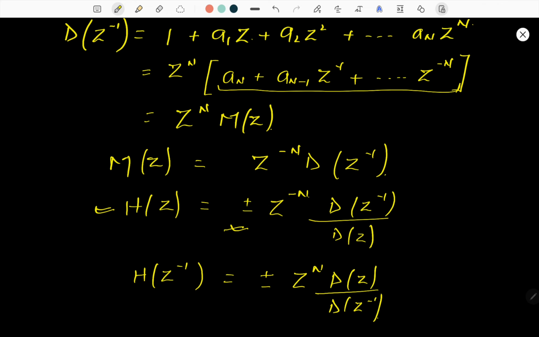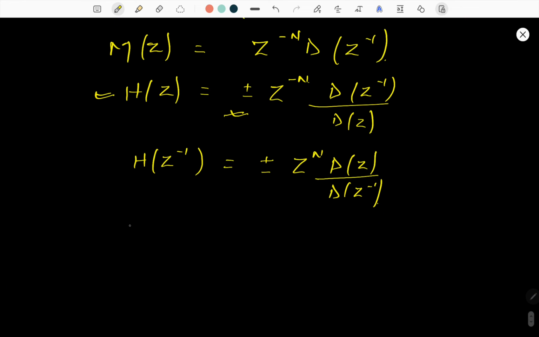Therefore from here we can see that H(z) into H(z inverse) will give you 1.